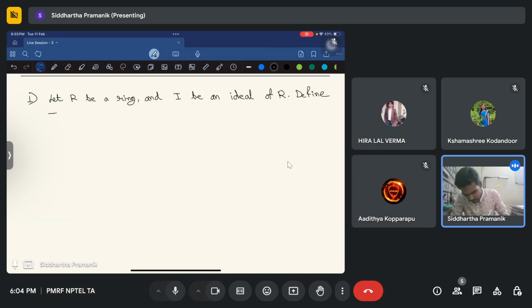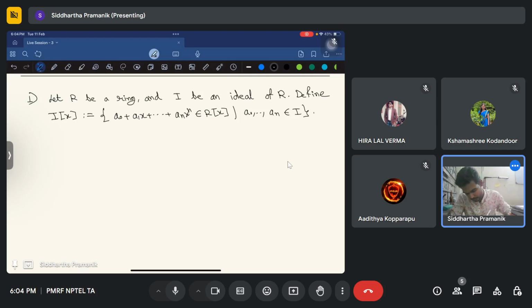Let us denote this by I[x] and define this as all those polynomials a0 plus a1 x plus ... plus an x^n belonging to R[x] such that the coefficients a0, ..., an belong to the ideal I.